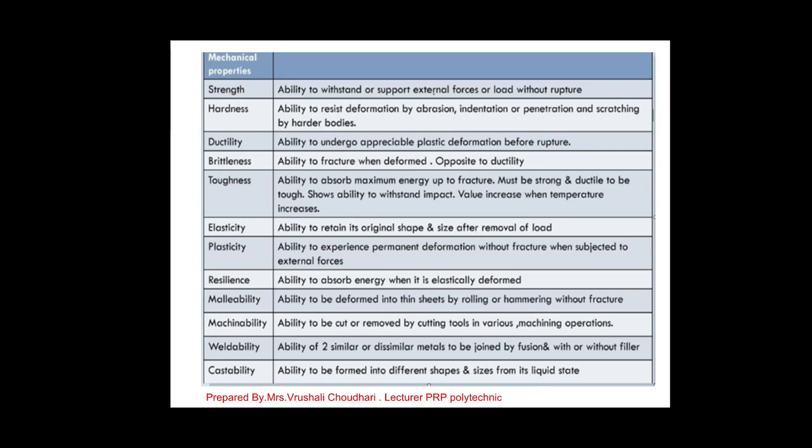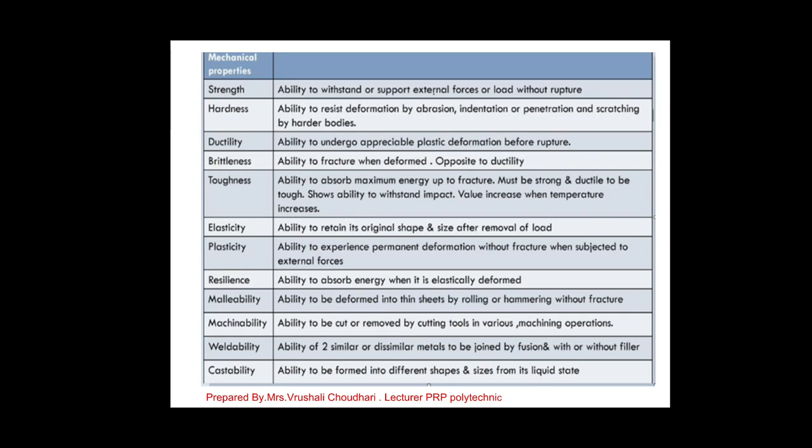Machinability: the ability to be cut or removed by cutting tools into various shapes and sizes. It's called machinability. If we use a metal piece and any machine, like a drill machine, we are able to cut it into a smaller, desired shape.